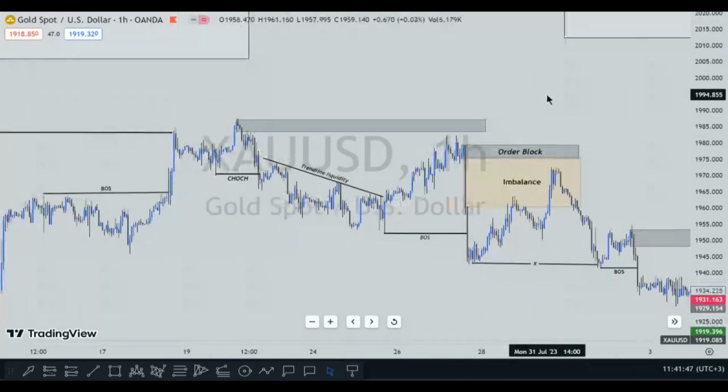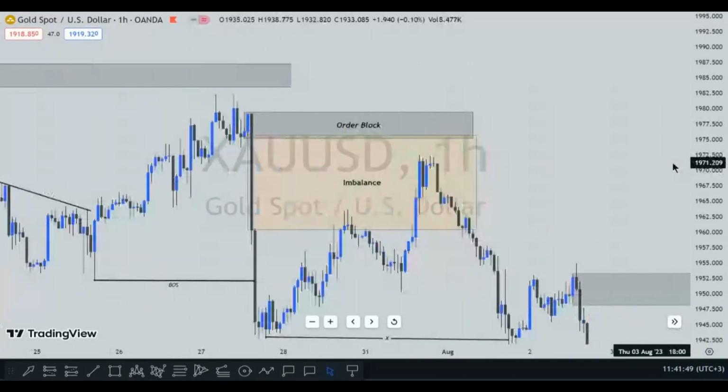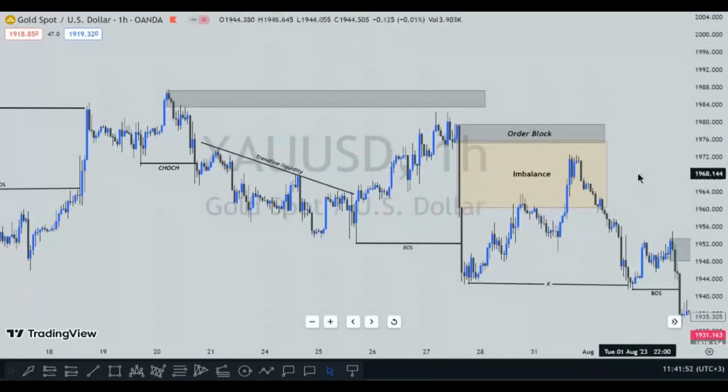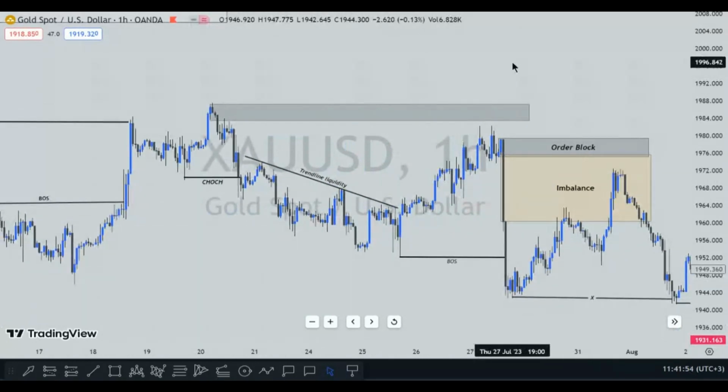I hope you're seeing my chart. On my chart, from the explanation, an order block is just an optimized supply or demand area. So in this case, as you can see my mouse, this one is an order block, and it is a bearish order block.